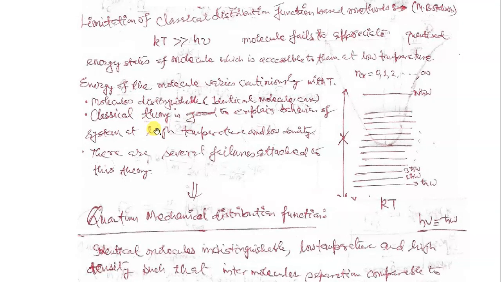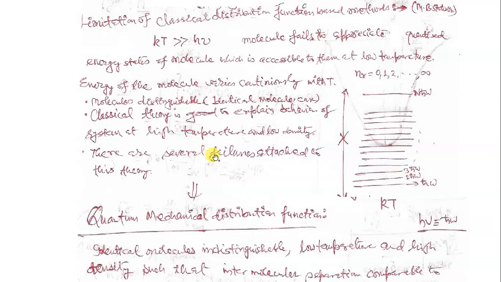In classical theory, Maxwell-Boltzmann statistics also fails in several cases. So we cannot derive thermodynamics of solids, we cannot calculate the correct value of specific heat of solid using Maxwell-Boltzmann statistics. So there are many limitations of this Maxwell-Boltzmann statistics.